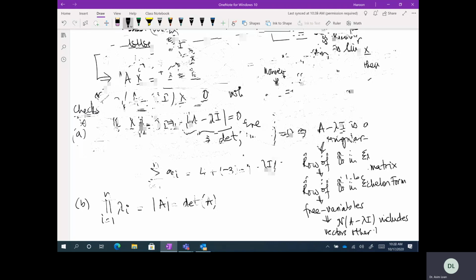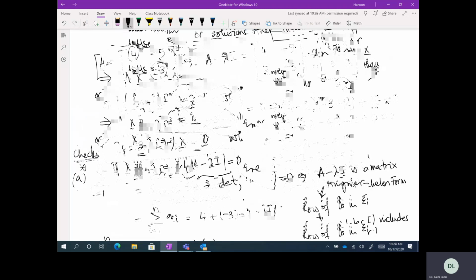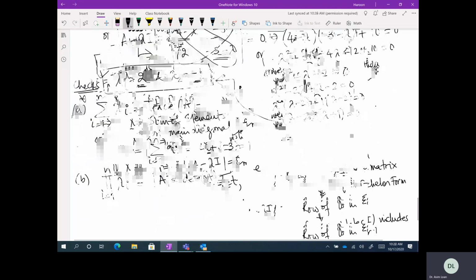And here the determinant is 4 into minus 3, which is minus 12, plus 10, which is equal to minus 2. So this matches.